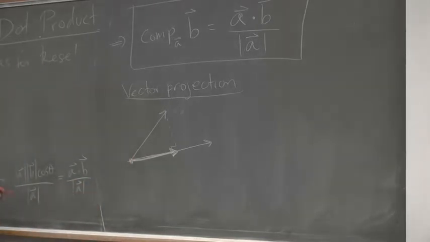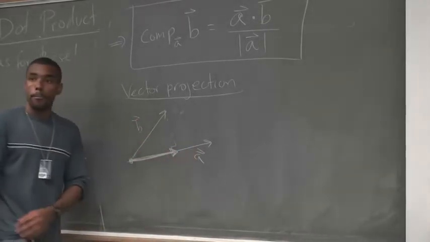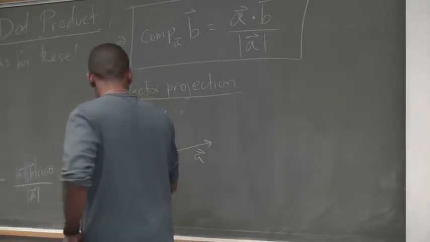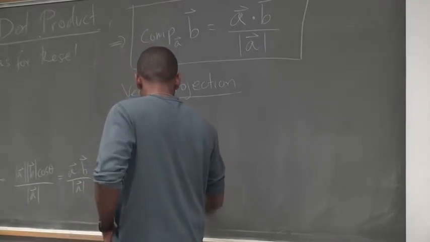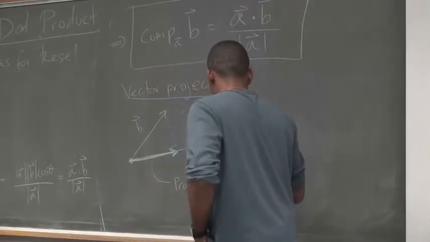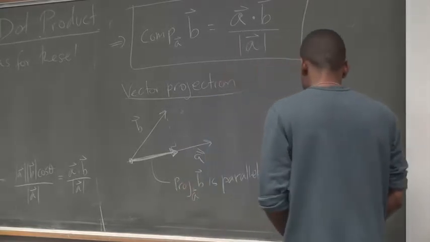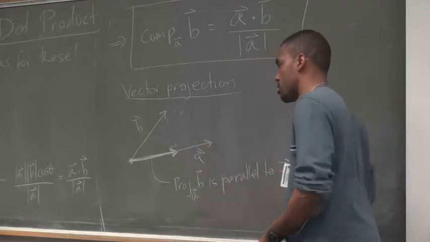And now I actually know what its magnitude is. I can find its magnitude. So how would I actually find the vector? Why, by a unit vector in the direction of A? Right, we scale it by that. So notice that the projection of B onto A is parallel to A. So all I'm going to do is take the vector A, but I want to scale it to have that size.